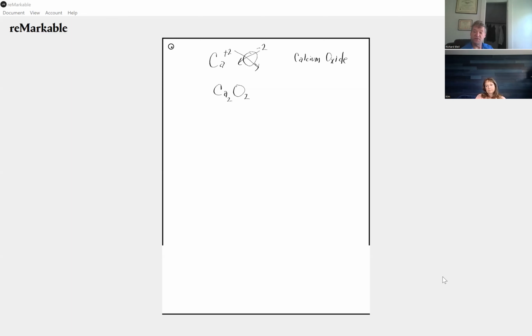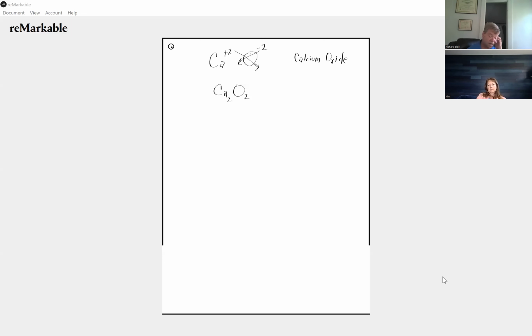The other way we can fulfill the octet rule is with electron sharing. When we share electrons, we form a covalent compound. So an ionic compound is made up of ions. Covalent compounds are made up of shared electrons.